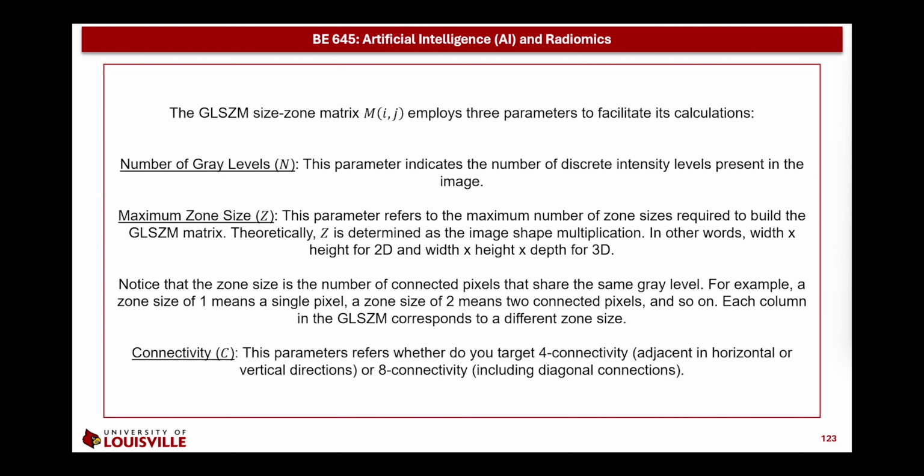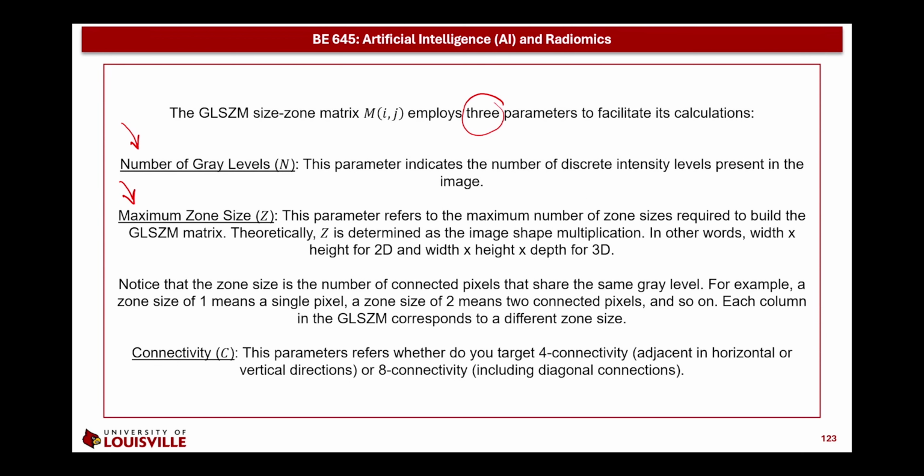The size zone matrix also requires 3 parameters. The first is the number of gray levels, represented by n, similar to GLRLM. This parameter indicates the number of discrete intensity levels present in the image. The second is the maximum zone size, represented by z, which refers to the maximum number of zone sizes required to build the matrix.